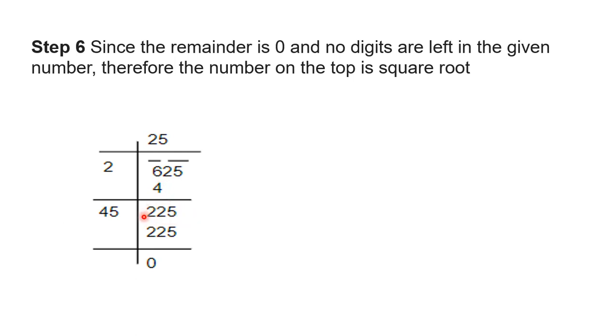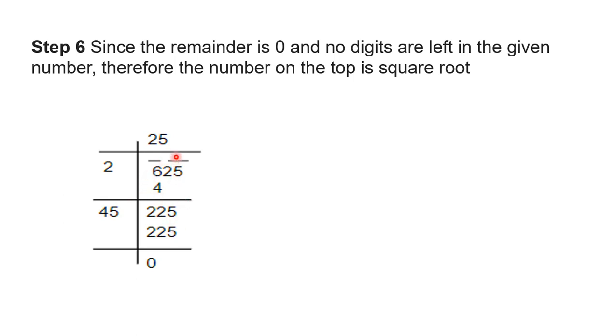Now we have to take a number to put next to 4, so that the same digit goes in the quotient part also, as we are finding the square root. As 225 has unit digit 5, we take 5. So 5 into 5 is equal to 25.